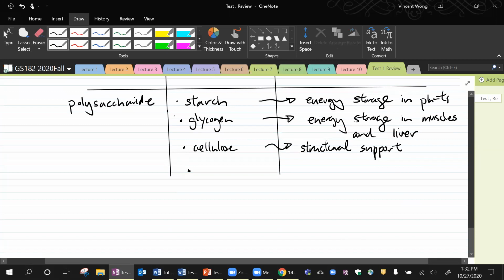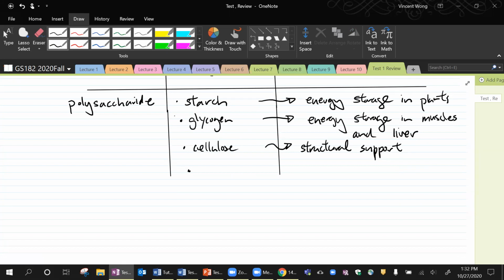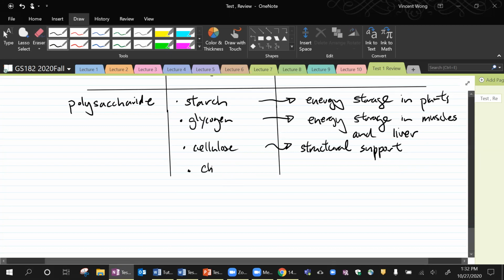And there's actually one more polysaccharide that we talked about. Chitin, that's right. Okay, chitin is for the exoskeleton of insects and shellfish, that kind of stuff. So exoskeleton. Okay, so that is basically it for that.